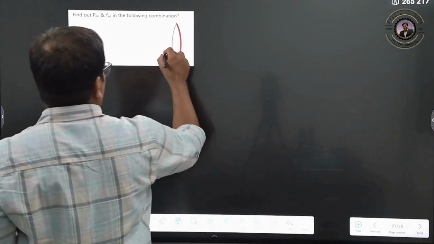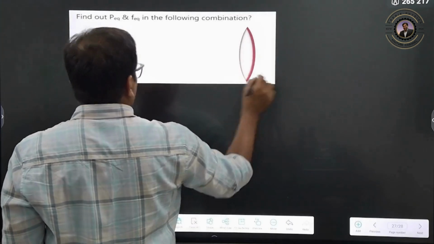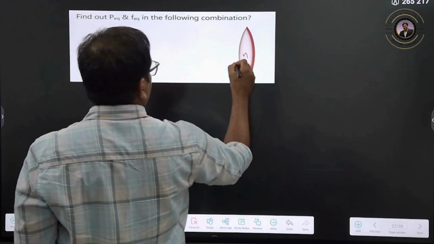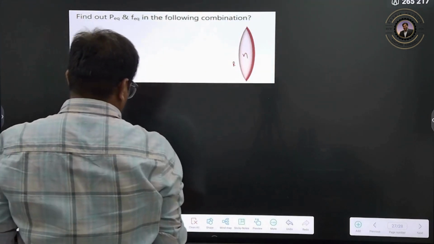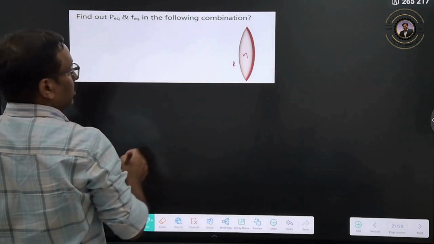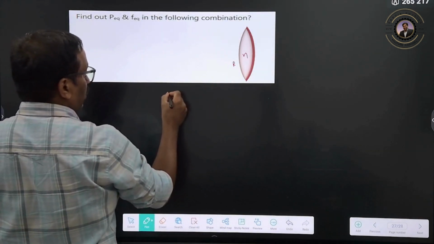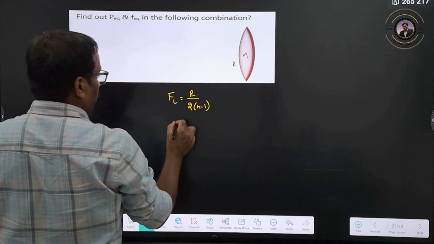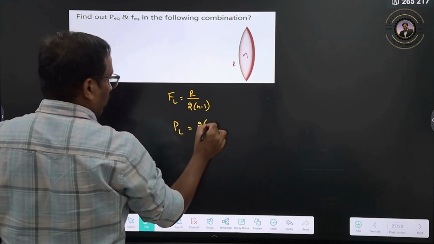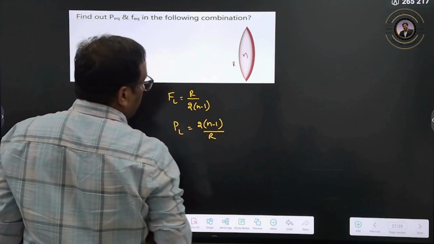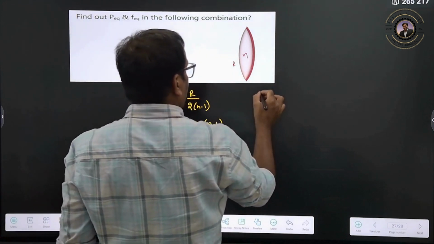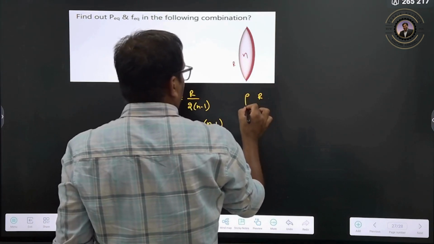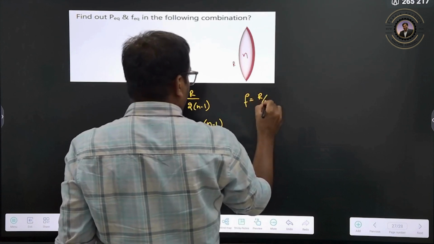So let us see again. He did not give anything, so we will consider this is n, and this is having R. We know the focal length of this lens is R by 2 of n minus 1, and the power of the lens is nothing but 2 of n minus 1 by R. Therefore the focal length of the mirror is R by 2.